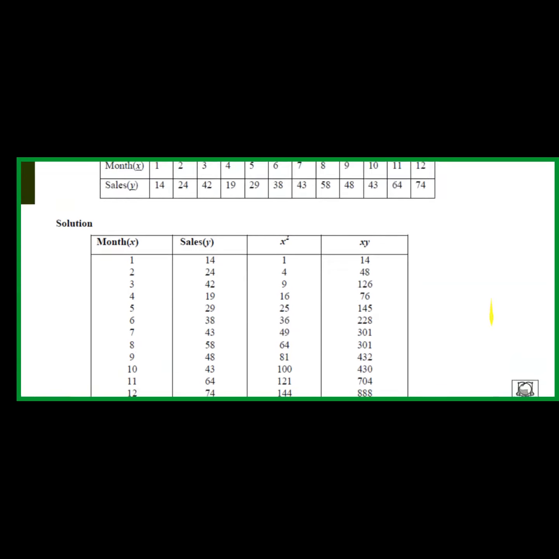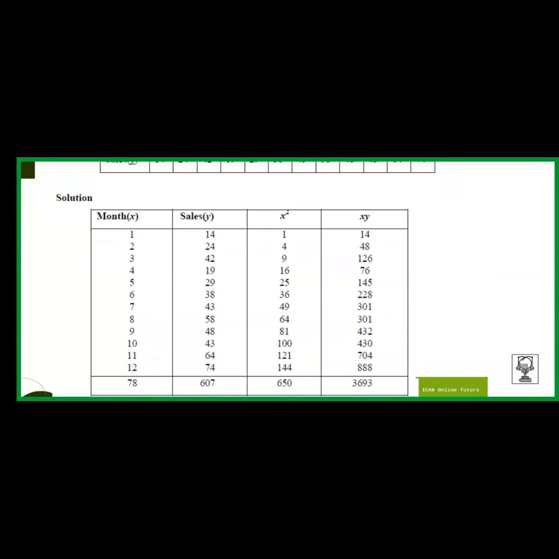You see, they made a mistake. 8 times 58 is 464, and they wrote 301. Sorry for that mistake.